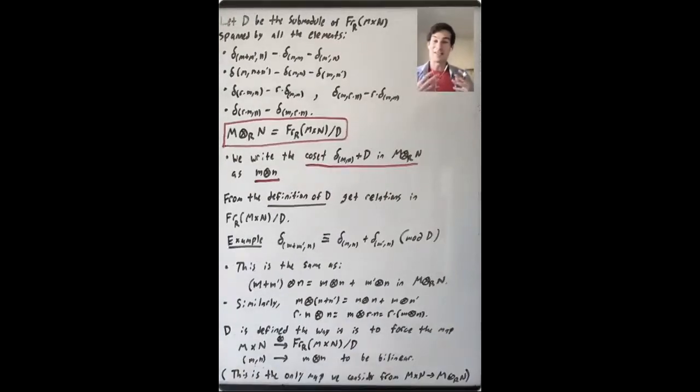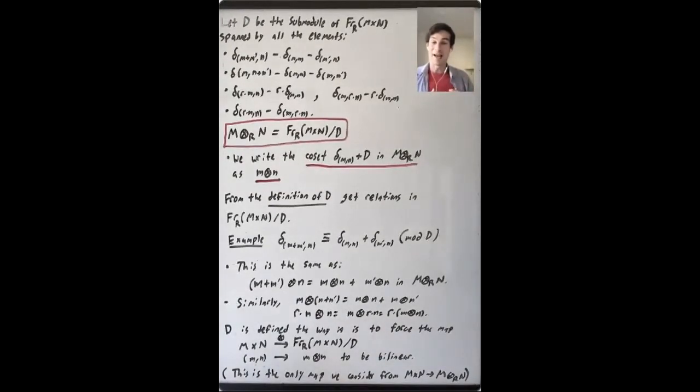We've been talking about this huge free module on the elements of M cross N. And we're going to construct the tensor product as a quotient. A quotient by what?